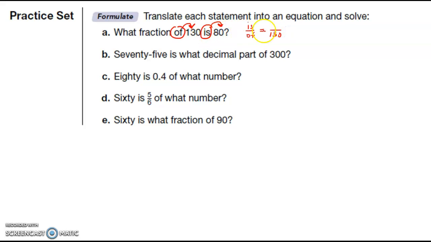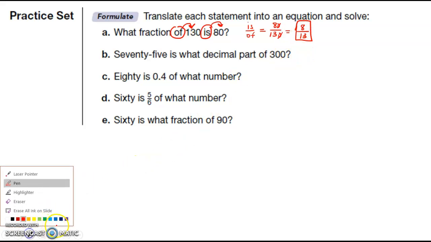And is 80, and that's going to go in the is portion. Now I have my fraction. I'm going to have to reduce it. So my zeros will cancel, and the fraction is 8/13. That's your answer.